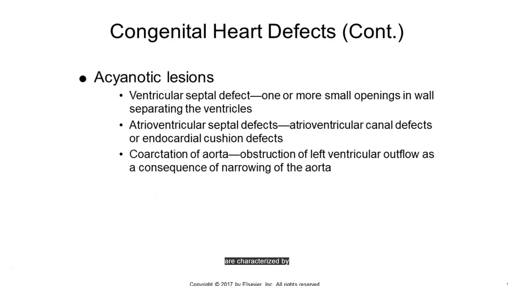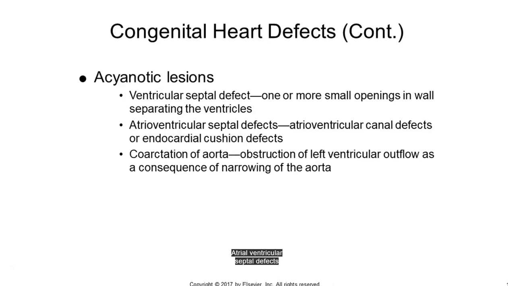Ventricular septal defects are characterized by one or more small openings in the wall separating the ventricles. Small holes may close on their own, but larger defects lead to bacterial endocarditis, pulmonary vascular obstruction, aortic regurgitation, and increased incidence of lower respiratory infections, or CHF. Surgery is indicated.